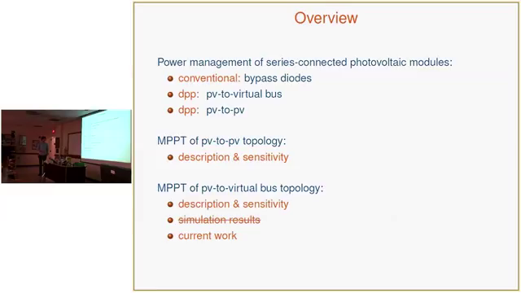And then from there, talk about some of the maximum power point tracking algorithms that have been implemented for differential power processing in the realm of the PV to PV topology. And then talk about some of the work that I've been doing for trying to implement maximum power point tracking on my topology.